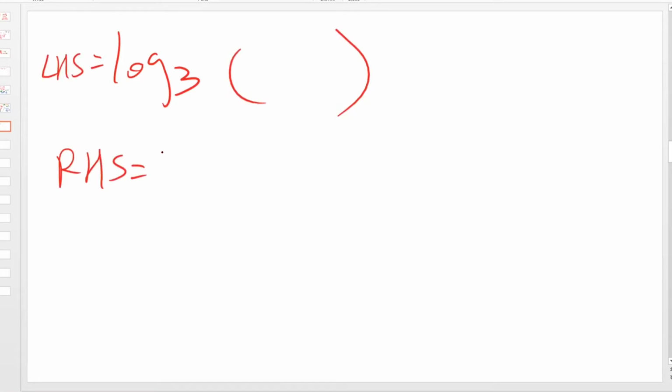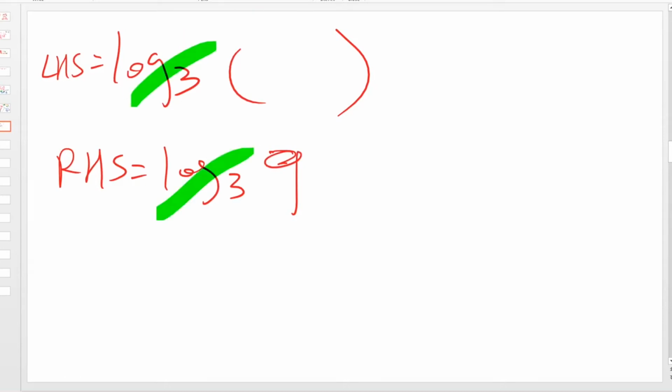Yes. So basically make the left hand side equal to log 3 something, and then your RHS must also be log 3. Since it's 2, it's 3 to the power of 2, so it's 9. Once you have the same base, then you just equate the yellow part. Yep, continue.